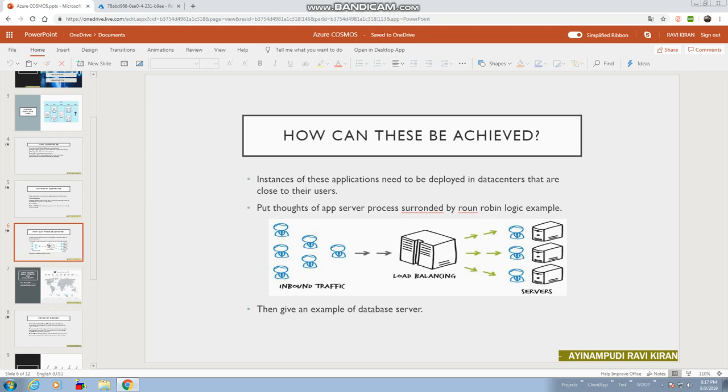So assume here is the inbound traffic, which are the users. They make a request through the URL, and that URL points to the appropriate location and hits the load balancer. This load balancer has an algorithm like round robin that figures out which server is using the least memory or the least thread usage, and then redirects the request to that server and gives the content back to the user.